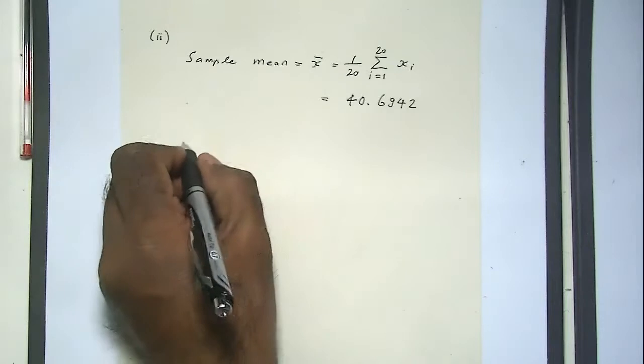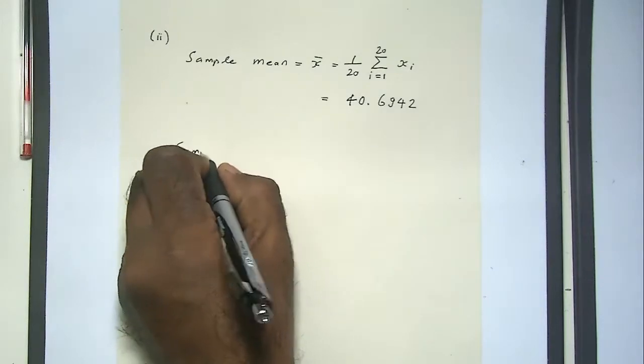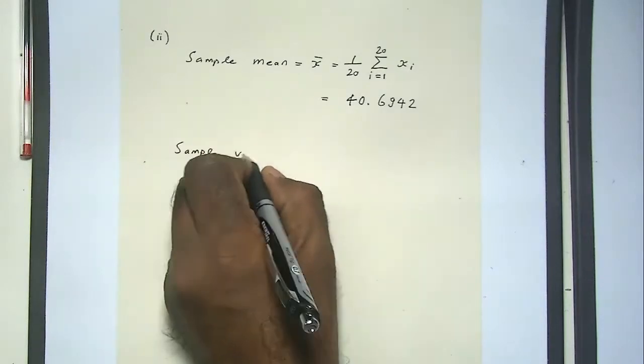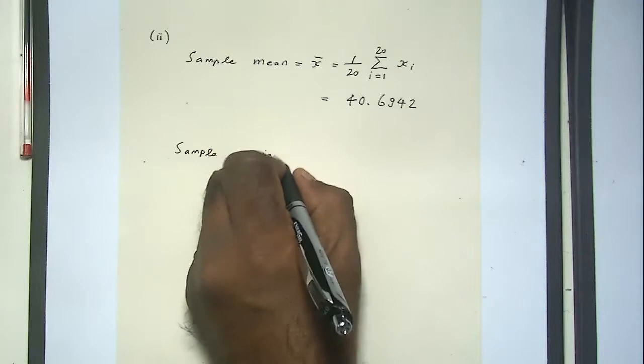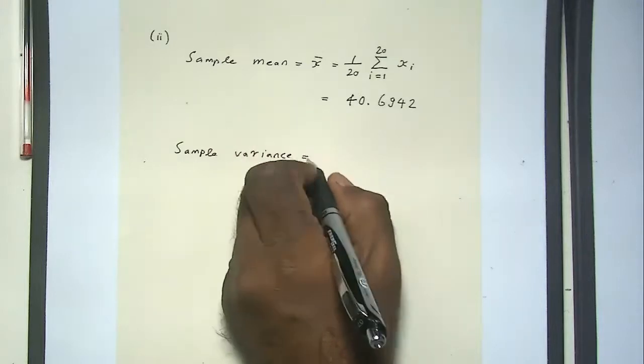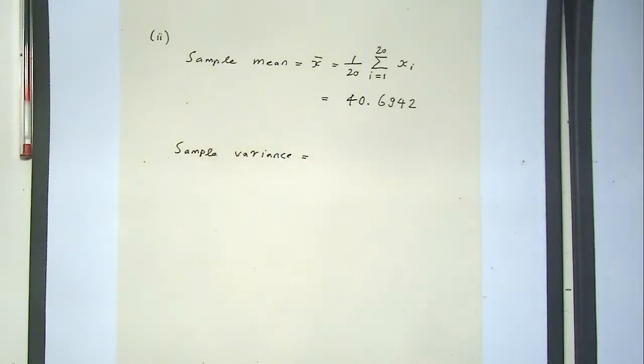And the sample variance, remember, I gave you two formulae for the sample variance, and here I'm going to use the unbiased version, because the unbiased version, as I explained this morning, is better than a biased version, right?